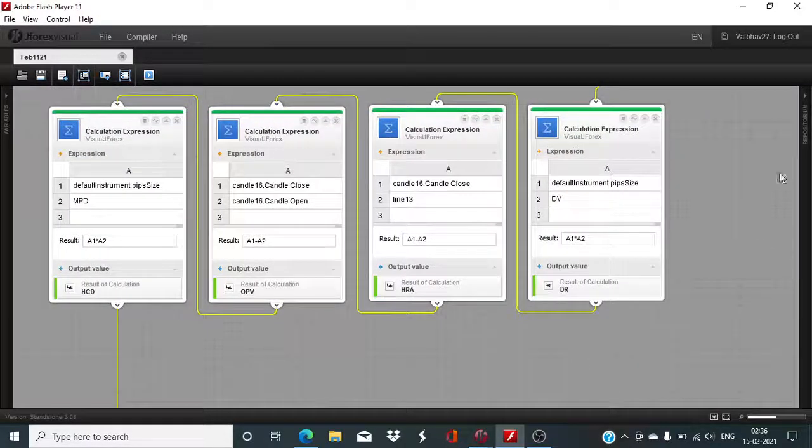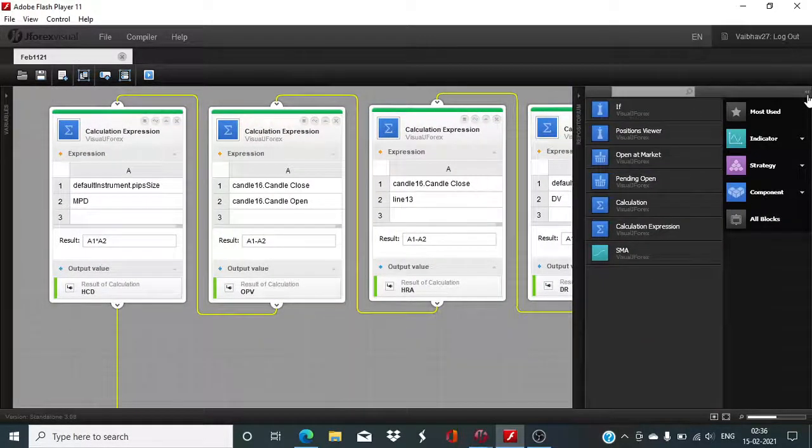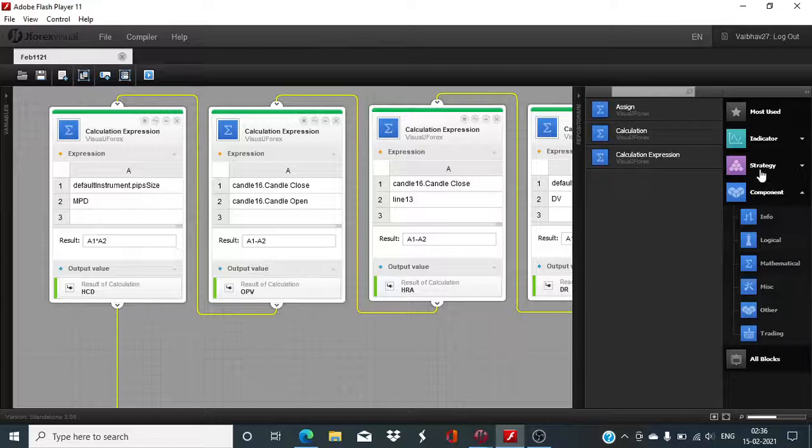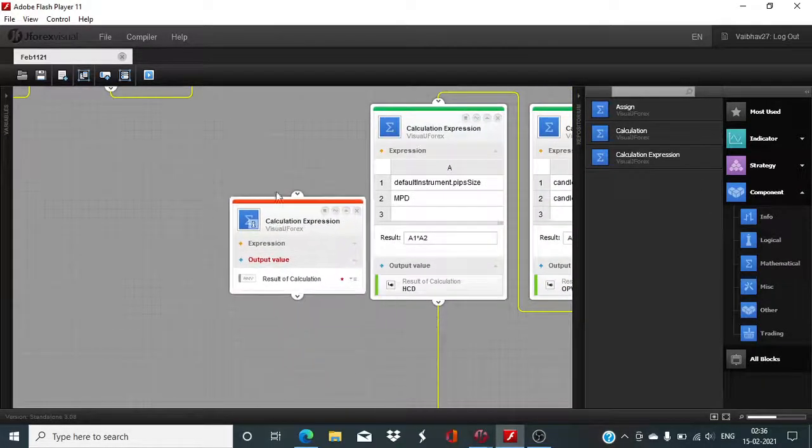So now for today's session, we will also have to go back to the components section and get two calculation expression blocks.